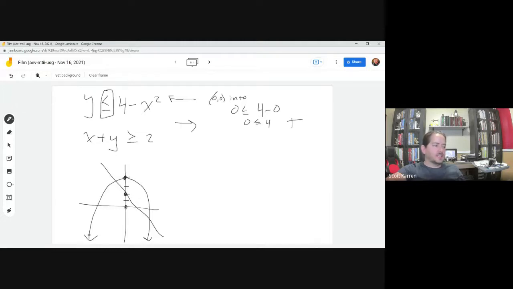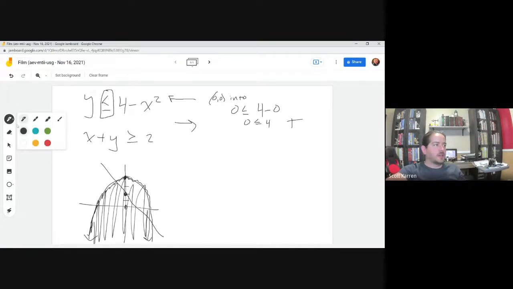And so since I tested it in relation to this parabola right here, that means that I would shade where 0, 0 is, which is underneath that parabola. I'm on a whiteboard, so I'm going to try not to make it look horrific, but that's everything under the parabola there.